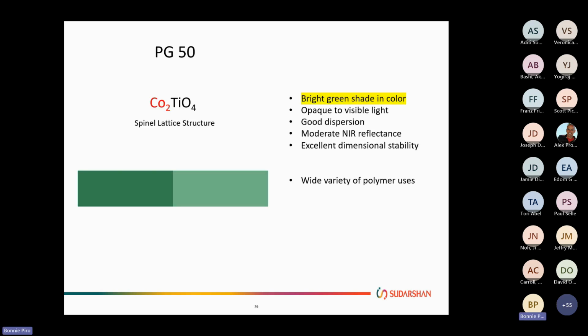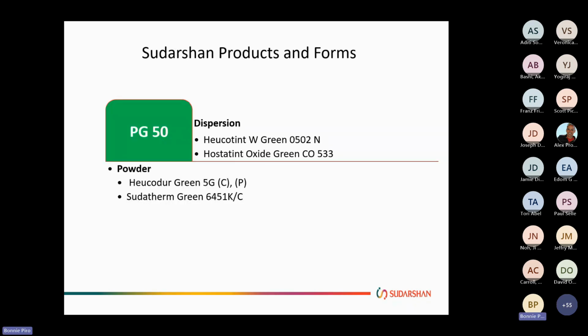Green 50 is the cobalt green, as you might know it. This is more of a brighter green shade, more to the yellow side in green space. And from a product perspective, again, these are available both in powder and liquid form to be able to meet your needs.